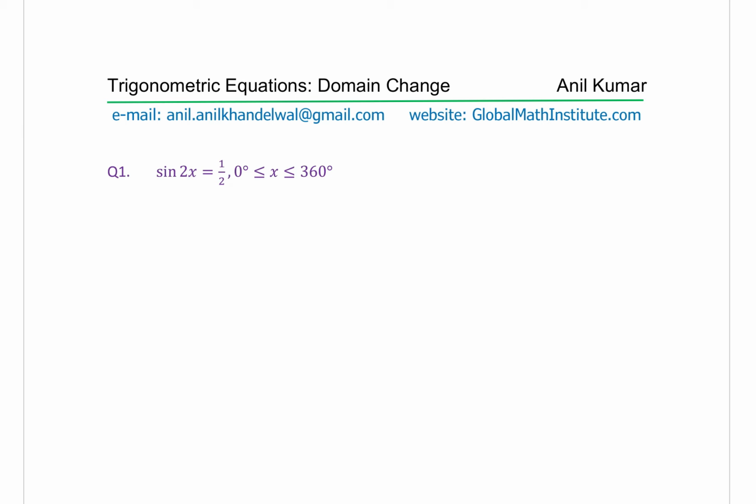Here we'll solve sine 2x equals half within the domain 0 to 360 degrees. Now if I sketch a graph of sine x, then the graph will look something like this, where the values will be from plus 1 to minus 1.